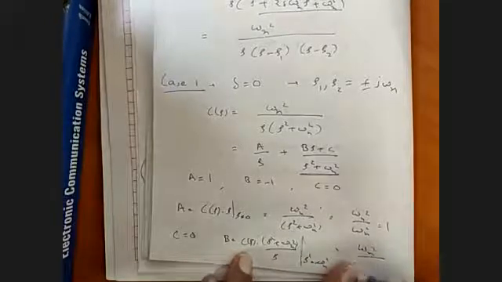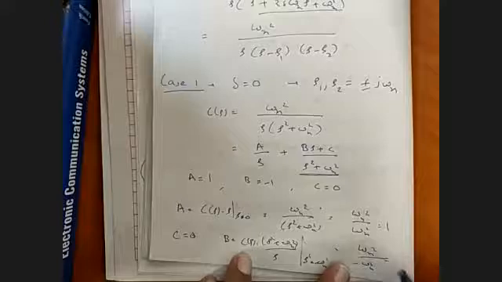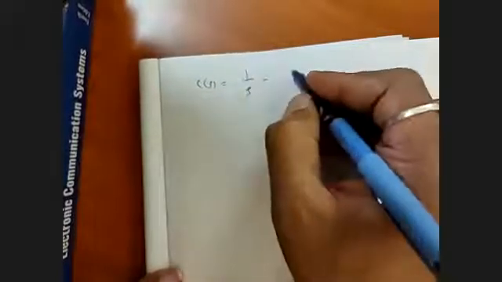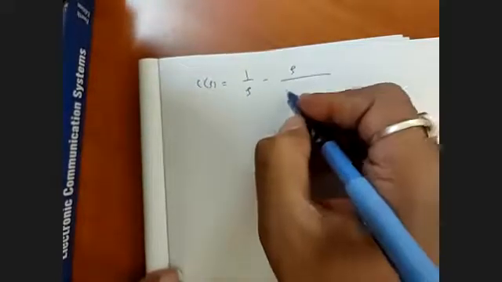So s square plus omega n square cancels, s into s will become s square, so it will become omega n square upon minus omega n square, that means minus 1. So A will be 1, B is minus 1, and C is 0. So Cs is 1 upon s minus s upon s square plus omega n square.